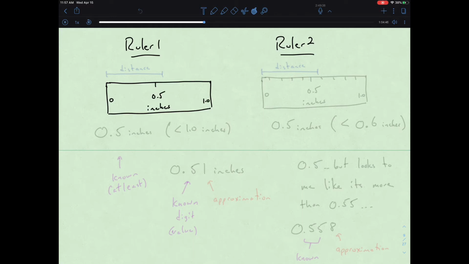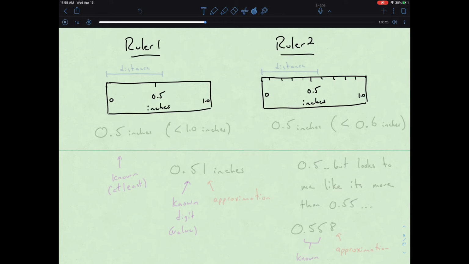We're using the same style of ruler for each, but ruler 2 has more hash marks, or more ways to define measurement.